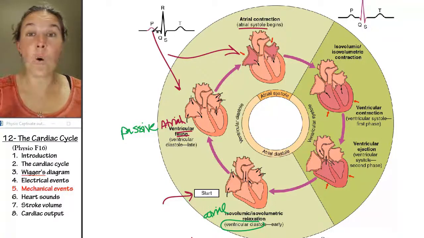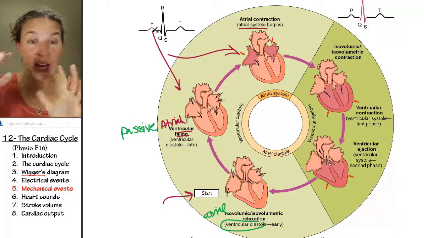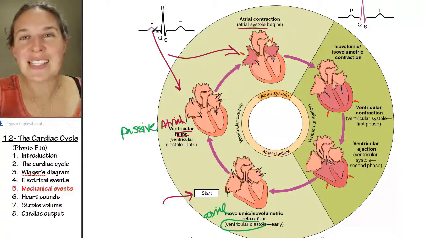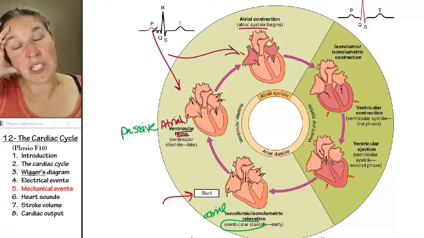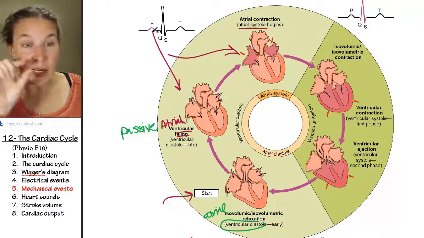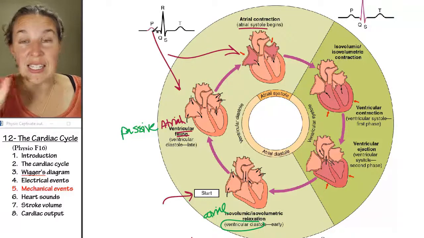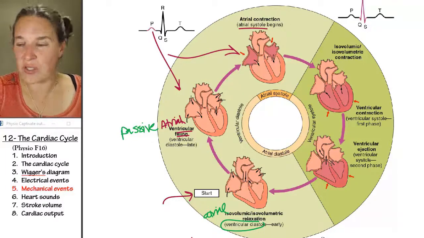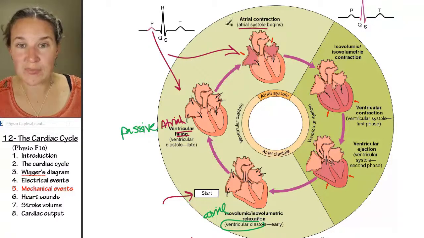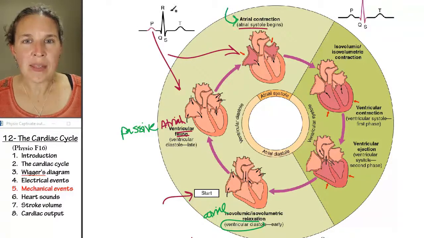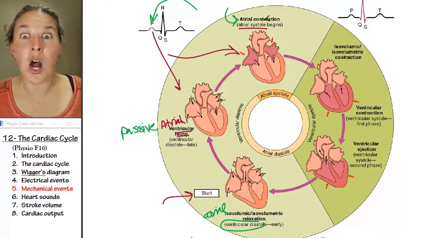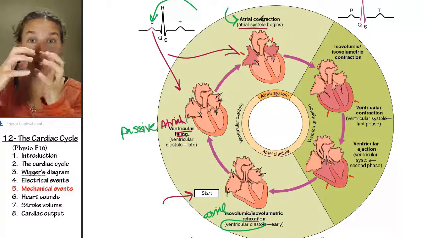That means that the whole atria, both sides, will depolarize, which sends the message, hey guys, it's time to contract. The action potential is going to pass through those intercalated discs into contractile cells, and atrial contraction or atrial systole is going to begin. Why did it begin? Because of the P wave. The autorhythmic cells depolarized, causing contraction of your atria.